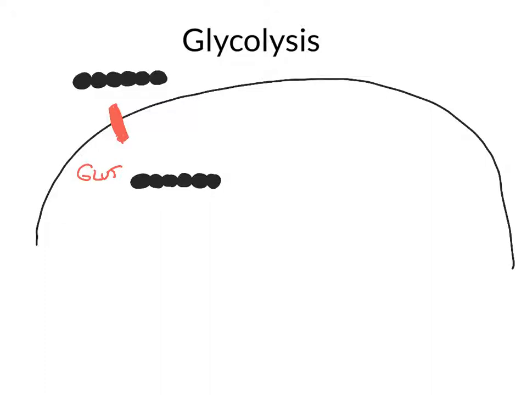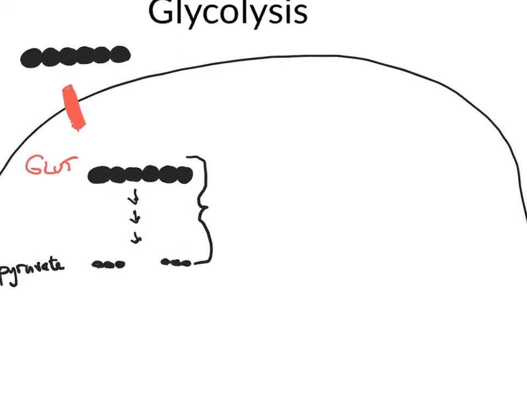The process whereby this 6-carbon molecule gets converted, through a number of steps, into 2 3-carbon molecules is called glycolysis, and these 3-carbon molecules are called pyruvate. So what does this process look like? Let me make it slightly bigger.